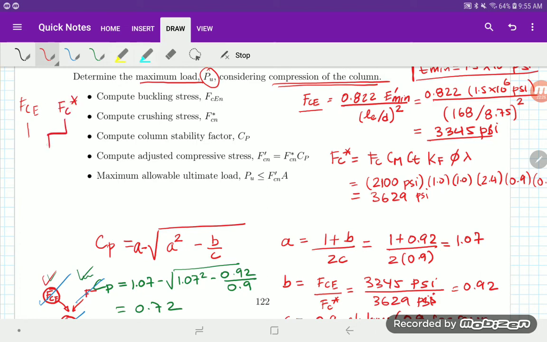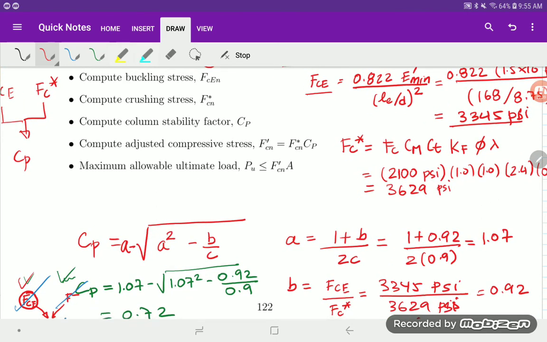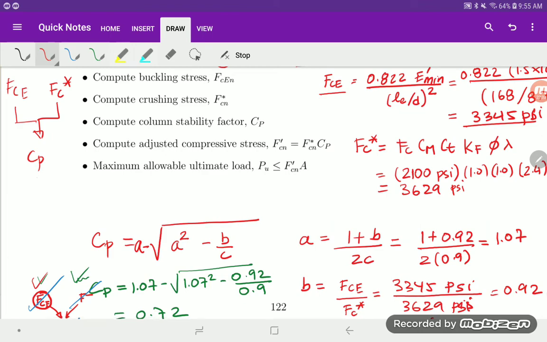We combine those two to compute C sub P, and then ultimately we got to our adjusted value of the strength multiplied by the area, and it gives us the ultimate load.